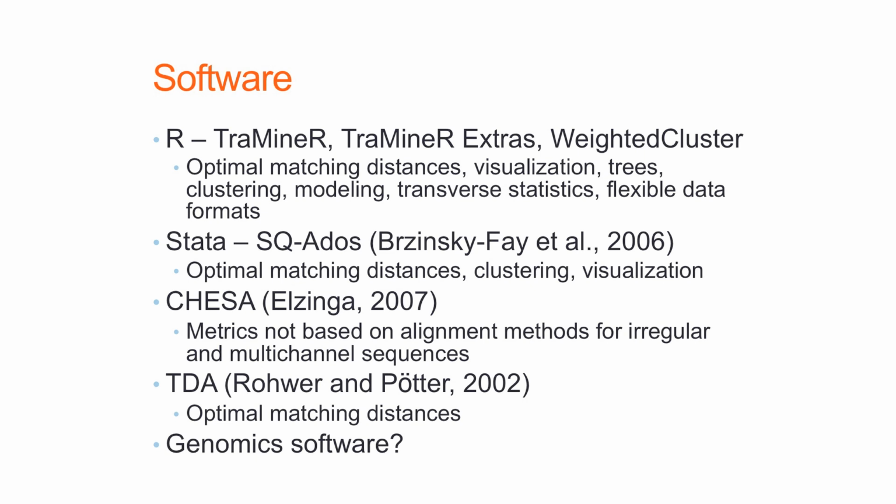And then TDA is an older one. I don't think that one's supported anymore. It has the capability of calculating optimal matching distances. And genomic software, I looked briefly at it and didn't really see an easy way to use it for this kind of data.